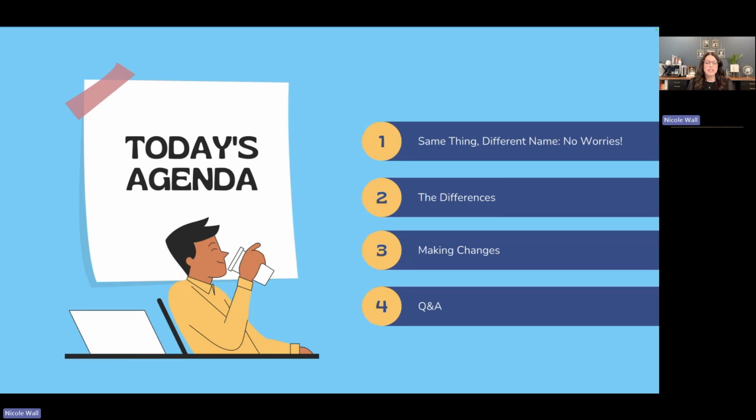Next, we're going to go over any changes, like what if you want to make a change? What if you have a Medicare supplement now and you want to move over to a Medicare Advantage? What does that look like? Or vice versa. And lastly, we'll go over Q&A, and that's when we'll unmute our mics and have a discussion.